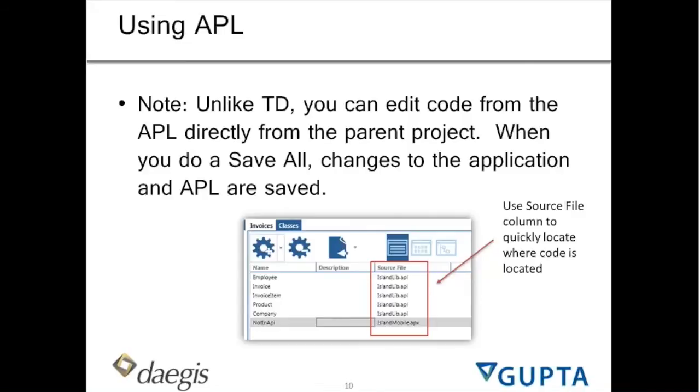That's where you can quickly tell where code is coming from. In this instance, most of my functional classes are coming from my Island Live APL. You can see this last class is actually coming from my parent project, the Island Mobile APX. So that's a quick way for you to identify where your code is coming from.